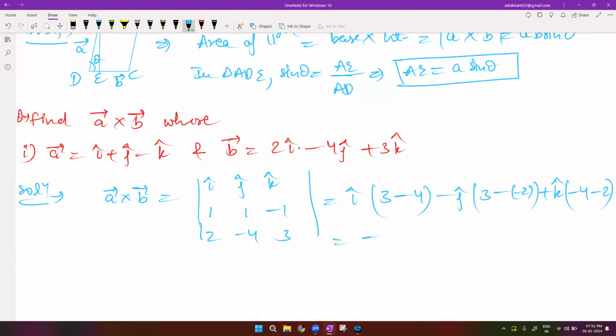So the answer would be minus i cap, minus 5 j cap, minus 6 k cap. Just solve the determinant. Can you find this out?